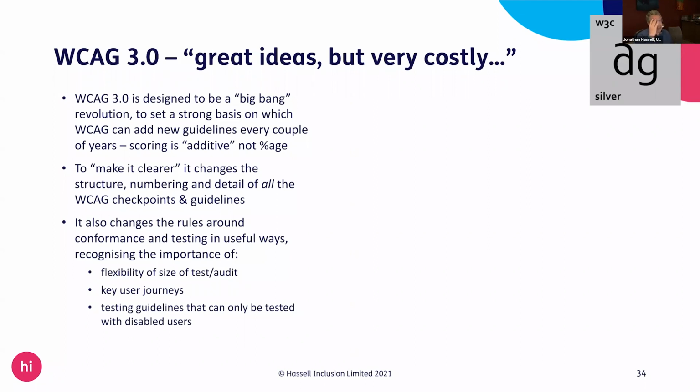They're also finally catching up with the idea of what Rob was talking about earlier. WCAG 2.0 was all based around, can I test it with an automated tool? WCAG 3.0 is, well, actually, there's loads of stuff that are really important that you can't test with an automated tool. In fact, you can't even test with a manual audit. You need a user there to tell you whether you've got it right or not.